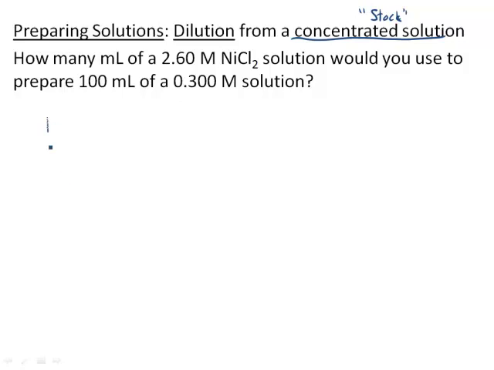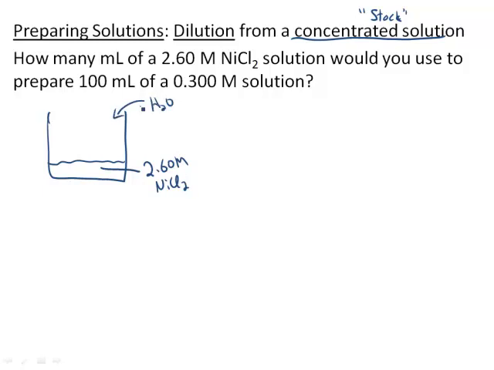The theory here is that in our example here, what we're going to have is some amount of 2.60 molar nickel chloride. And what you're going to do is you're going to add water to that. And when you add water to it, you're going to add enough water so that when you mix it up, it's going to be diluted to only 0.300 molar.